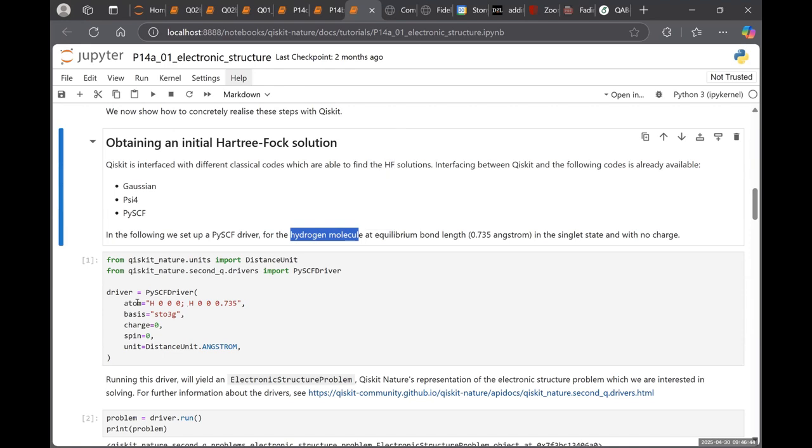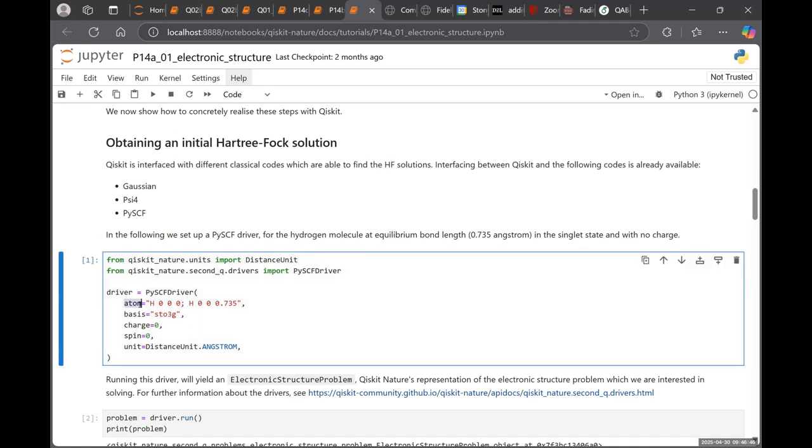The way you write it is you specify what kind of atoms you have: hydrogen at the origin, so 0, 0, 0, and another hydrogen at 0, 0, 0.735. This is using the unit angstrom. So you always have some convention, but you need to know the unit.